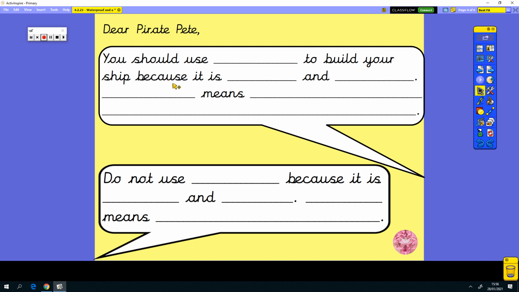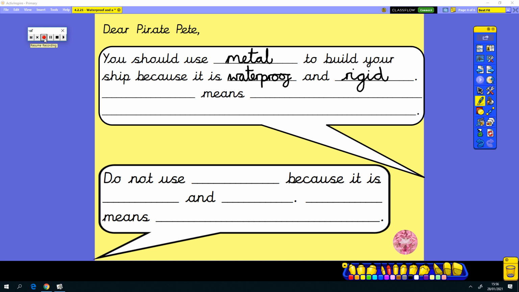So we need his ship to be waterproof and rigid. As you can see, I've filled in the talk frame now. You should use metal to build your ship because it is waterproof and rigid. He wouldn't want a floppy ship. It wouldn't hold him or any of his things.